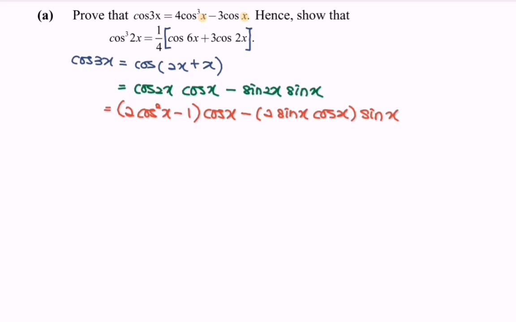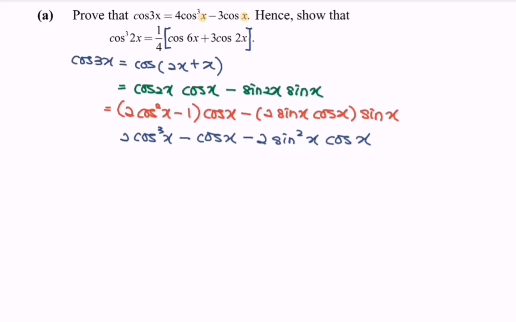Kindly expand the situation. 2 cos cube x minus cos x minus 2 sin square x cos x.